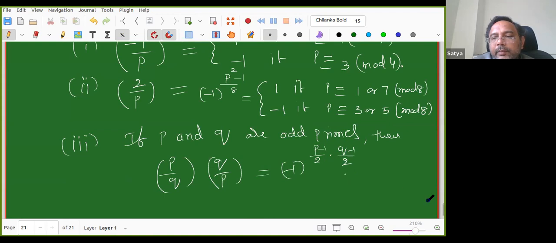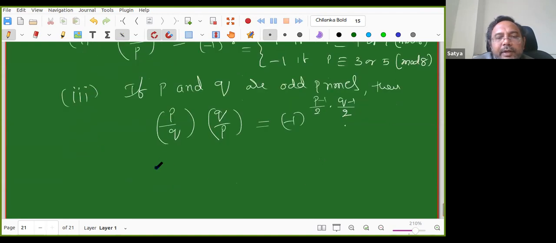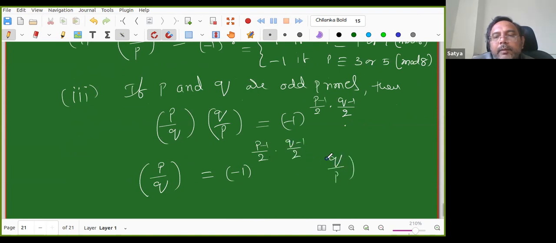Another way to state this is that P by Q is equal to minus 1 power P minus 1 by 2 into Q minus 1 by 2 into Q by P. Because if you multiply by Q by P on both sides, Q by P is plus 1 or minus 1, so this becomes plus 1 on this side and we get this.